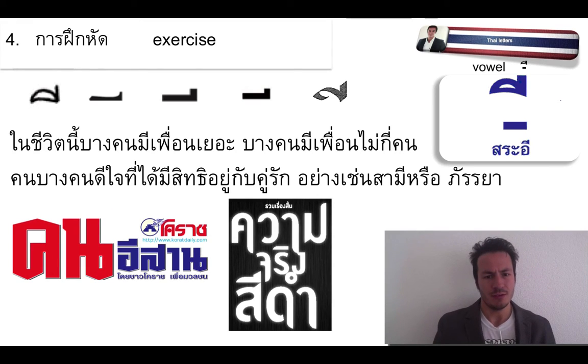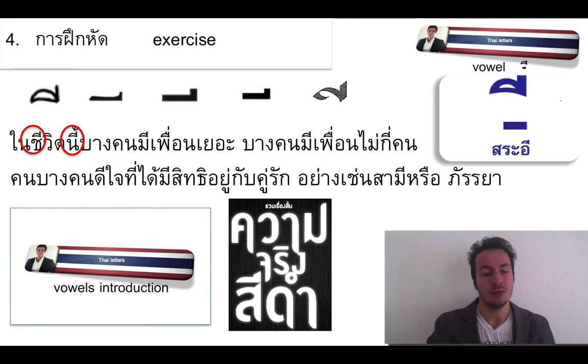Okay, within the first standard text fragment, we have a couple of E vowels. We have one right at the beginning of the first line. There is an E there, and then there is a second example following after it. And here you may be a little confused because there's some weird signal on top of it, which is easy to understand if you refer back to the introductory video, Vowels Introduction, where the different layers of Thai writing are presented.